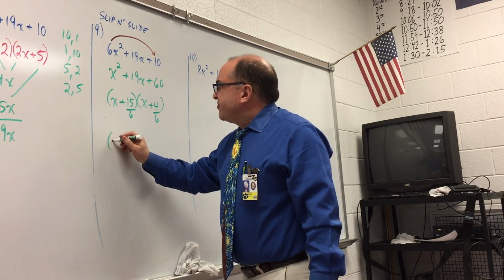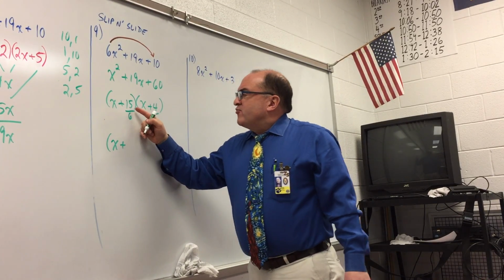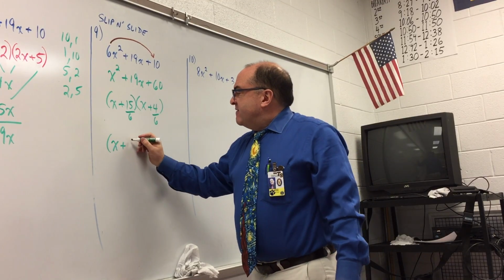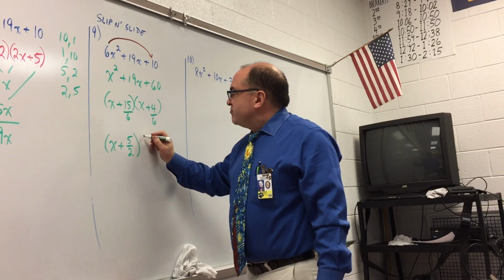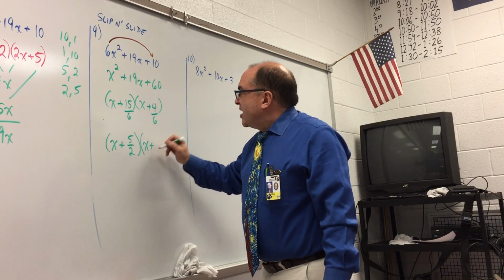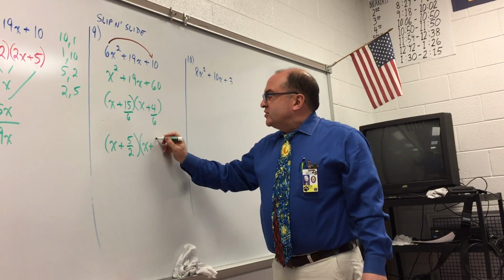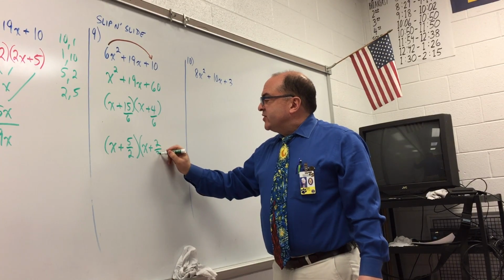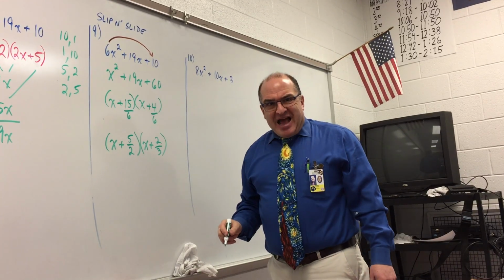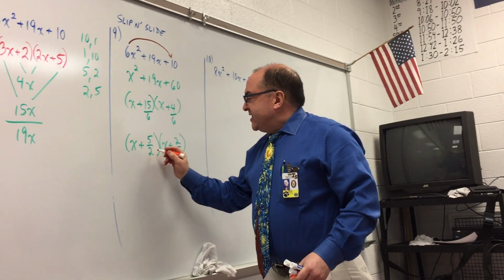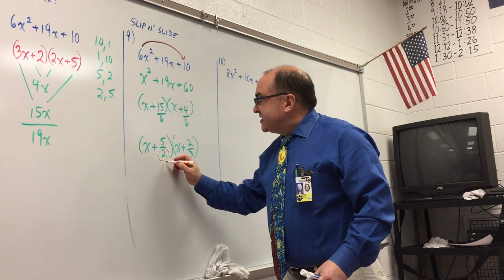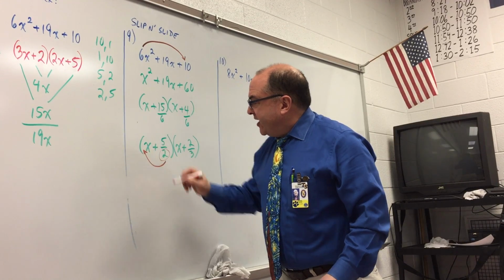Well, okay. 3 goes into 15 5 times. 3 goes into 6 twice. 2 goes into 4 twice. 2 goes into 6 3 times. And now what I have to do is take this guy and slide him back over here.